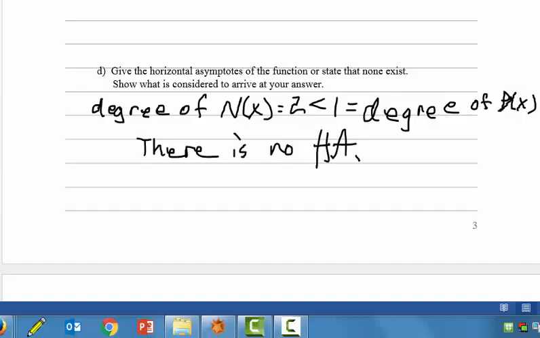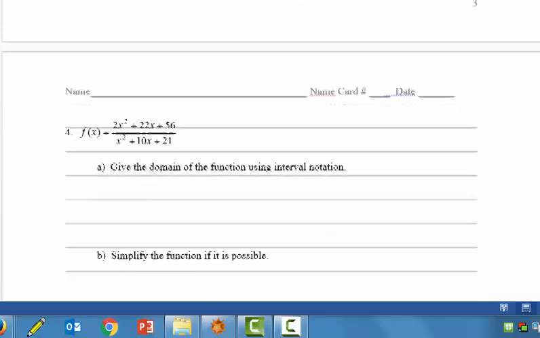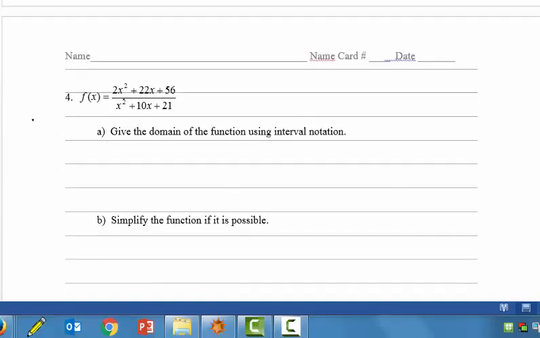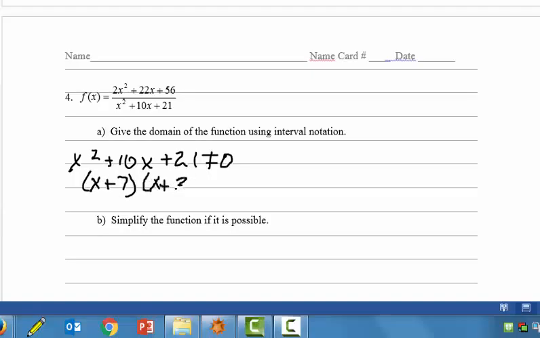So let's look at problem 4. Here I want to give the domain of this function whose denominator is x squared plus 10x plus 21. So that cannot be 0. And that factors into (x plus 7) times (x plus 3).